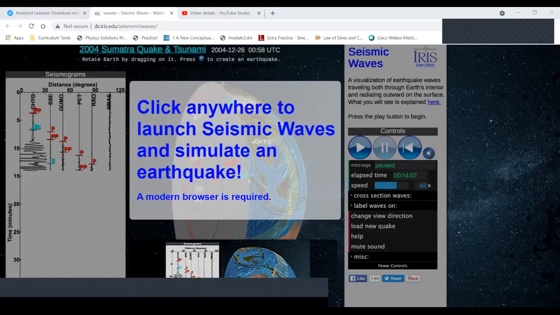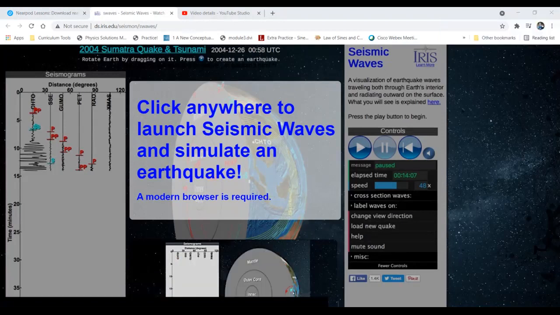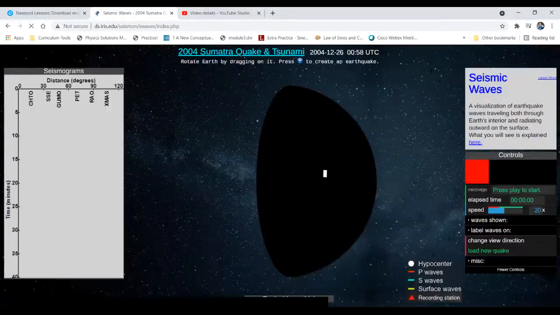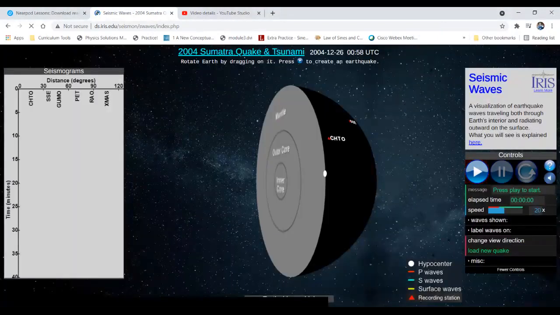All right, so what I have here is, I hope it lets me do this. Click anywhere to launch a seismic wave. Oh shoot, it may not be letting me. There we go.